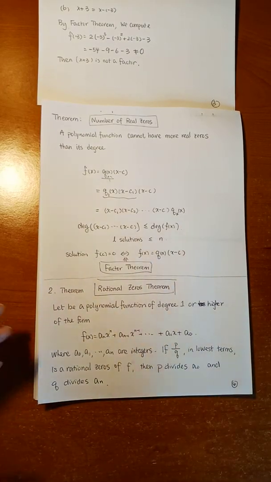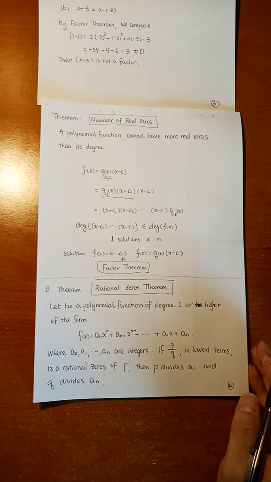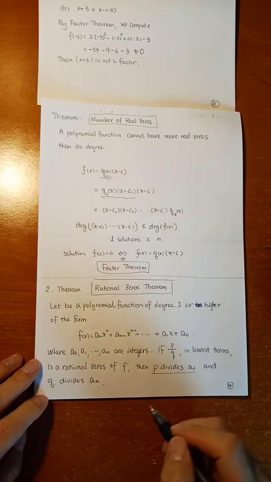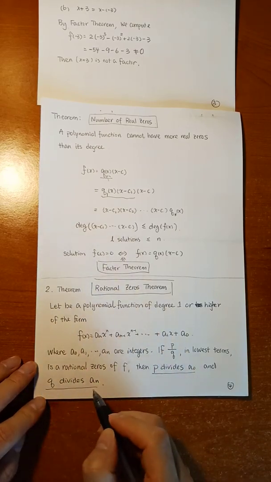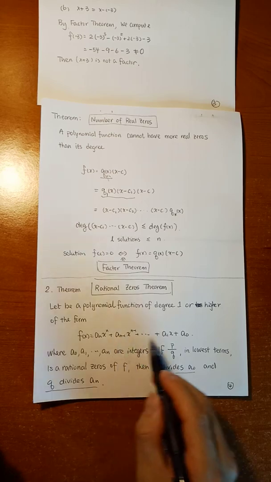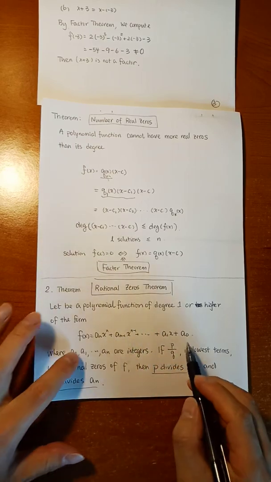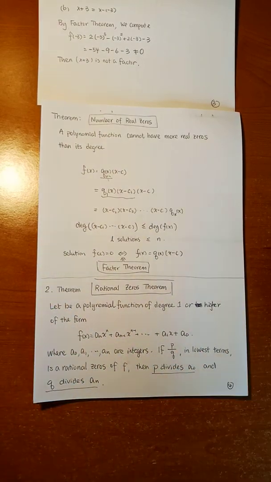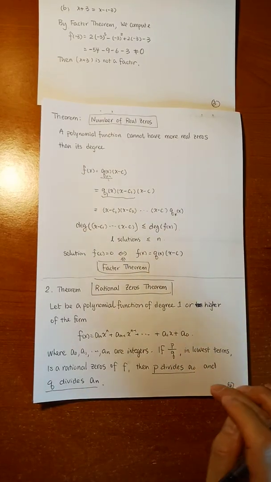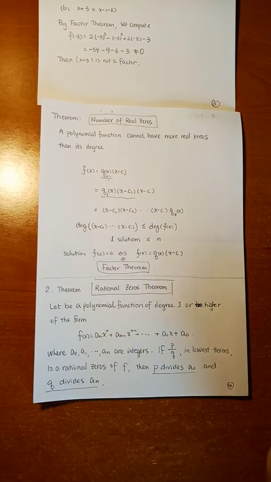Okay, so if you have some rational solutions, then this rational solution has to satisfy some condition. This is the condition: the numerator divides the constant term, the denominator divides the leading coefficient. The middle coefficients are not important, but those two end coefficients control the rational solutions.